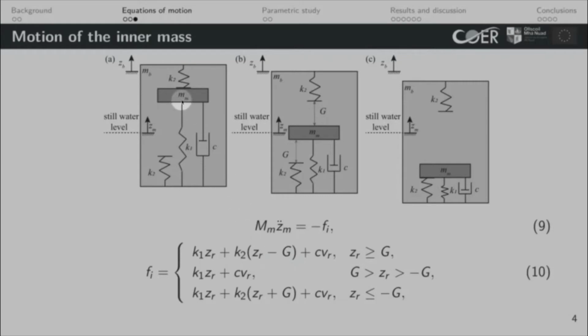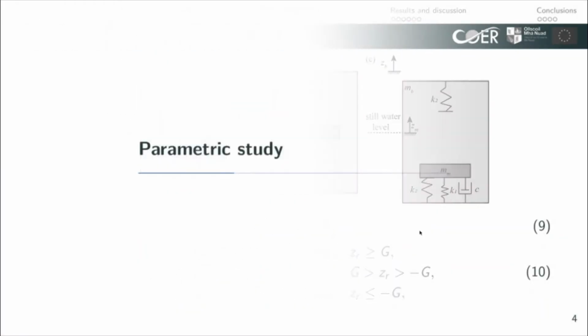When the relative displacement is larger than the gap, the upper impact spring is active. When the relative displacement is smaller than the lower gap, the lower impact spring is active. Otherwise, only the mass spring damper works. So this is the system dynamics.